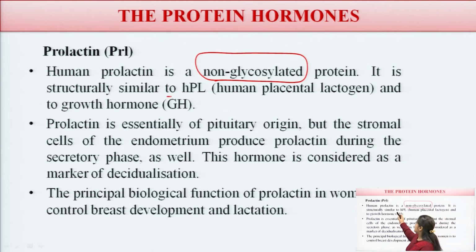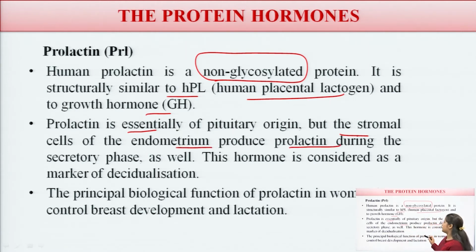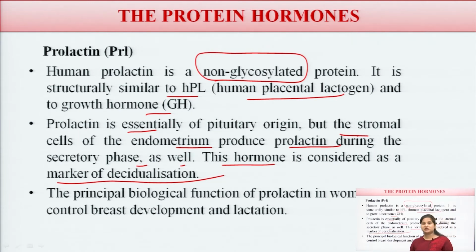It is structurally similar to the HPL, the human placental lactogen, and to growth hormones, right? Prolactin is essentially of pituitary origin, but the stromal cells of the endometrium produce prolactin during the secretory phase, as this hormone is considered a marker of decidualization. Decidualization means there are further processes involved, right?